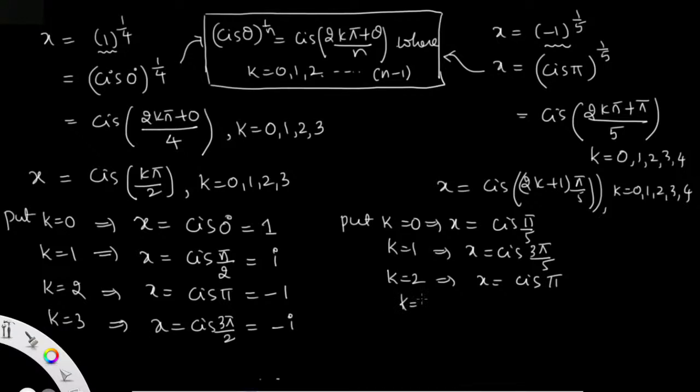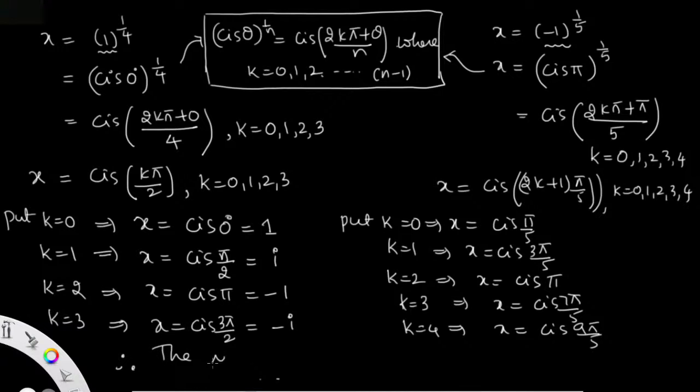So a common root is there. For k equals 3, x equals cis of 7 pi by 5. For the last term, k equals 4, x equals cis of (4 into 2 plus 1), 9 pi by 5.